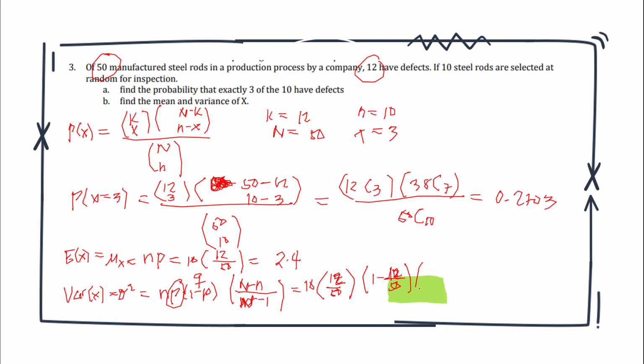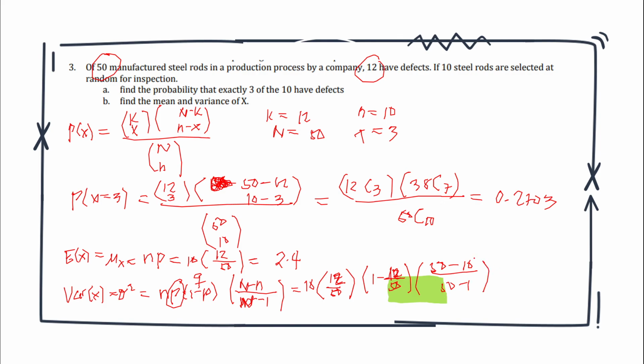Then times, what is our N? Our N is 50 minus our n, which is 10, over 50 minus 1.